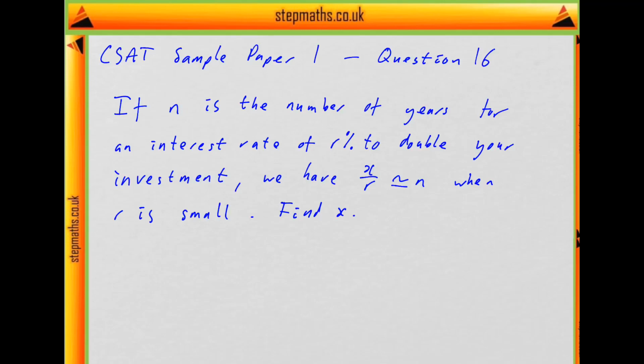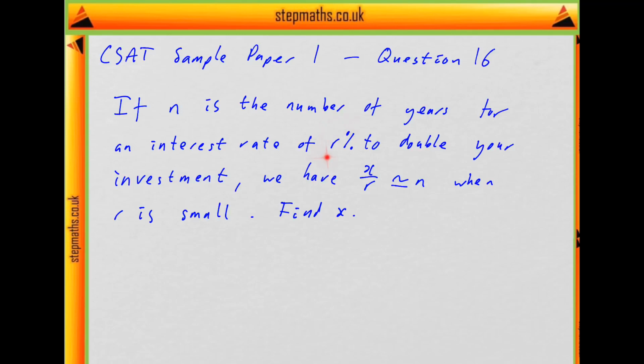Okay, so first of all we want to write down another equation relating n to r so we can try to see what this gives for x. And in particular we want to interpret what n means. It's the number of years for R% to double your investment. How can we express that?